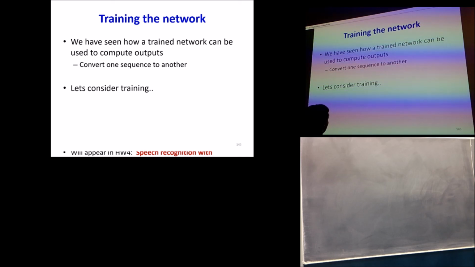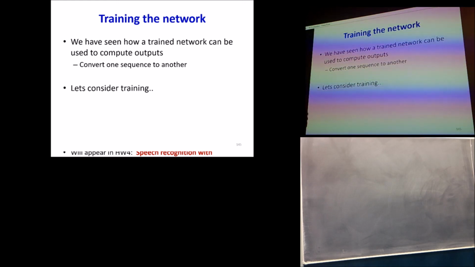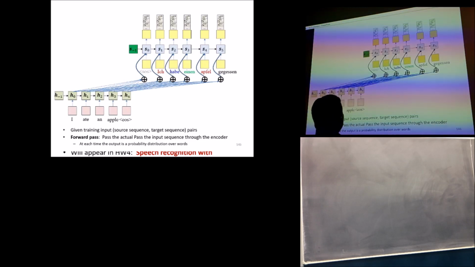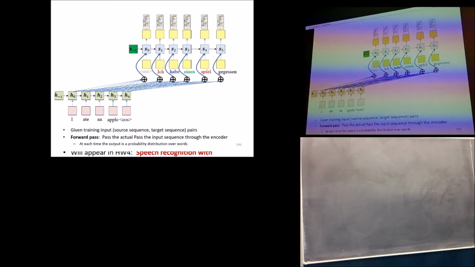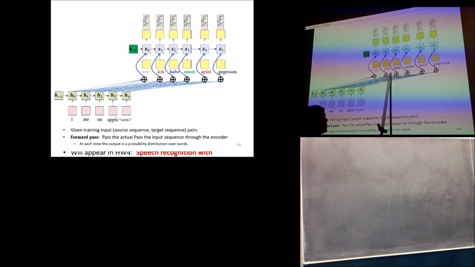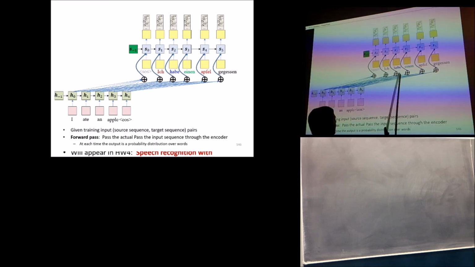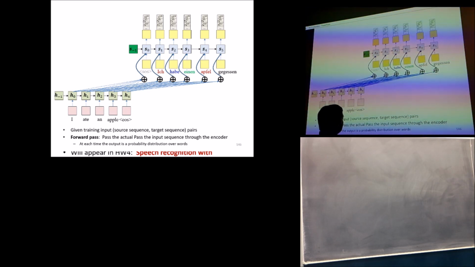Training the network. What we've seen so far is how a trained network can be used to compute outputs, which converts one sequence to the other. But then let's consider training itself. Given a training input, which consists of a source sequence and target sequence pair, in the forward pass, you pass the actual input sequence through the encoder, and then you pass the actual output sequence through the decoder, and at each time you try to predict the next word given the previous subsequence of words.